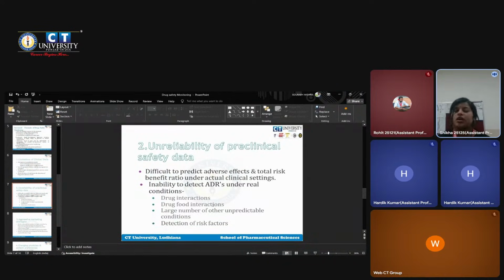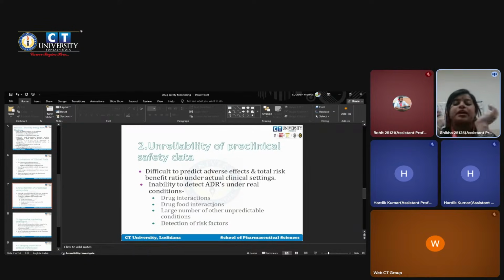So what is drug interaction? Drug interaction arises when we are using multiple drug therapy. If a patient is having many kinds of diseases, it is not possible to give only one kind of medication, so a number of drugs are prescribed by the physician.